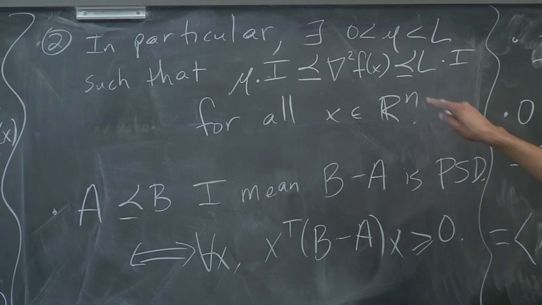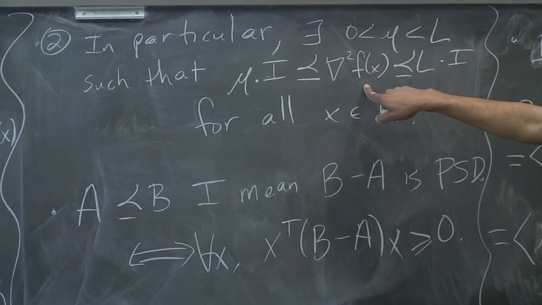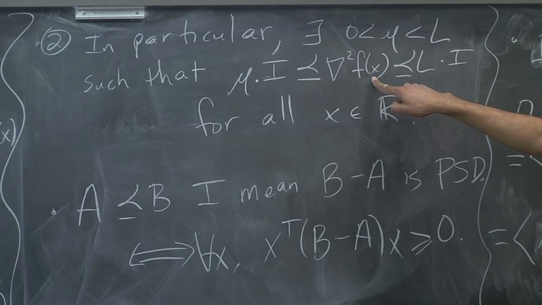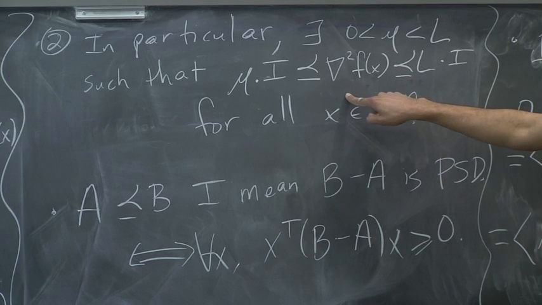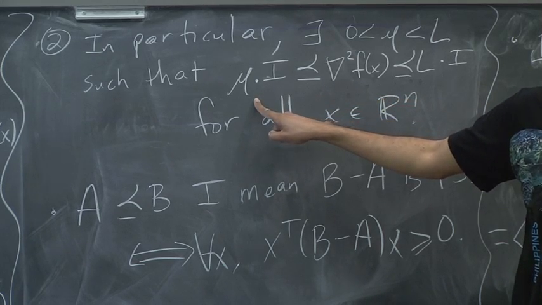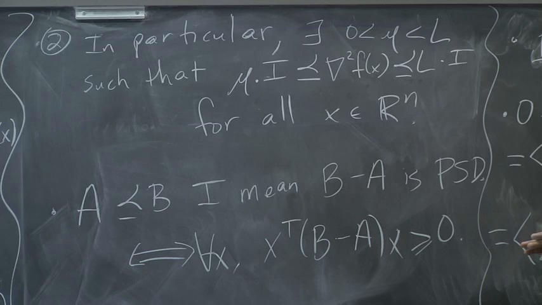So really what this is saying is that for any x, this is a matrix, and its largest eigenvalue in magnitude is at most L, and its smallest eigenvalue, the one closest to 0, is still at least mu. None of the eigenvalues are too small. So this matrix is somehow well conditioned. It doesn't have any really big or really small eigenvalues in magnitude.